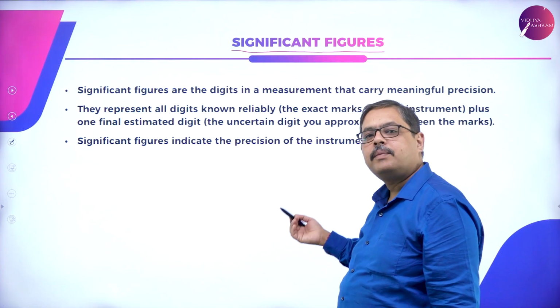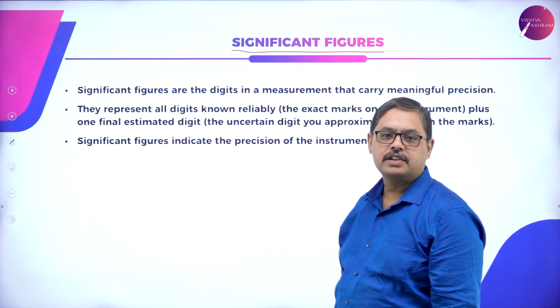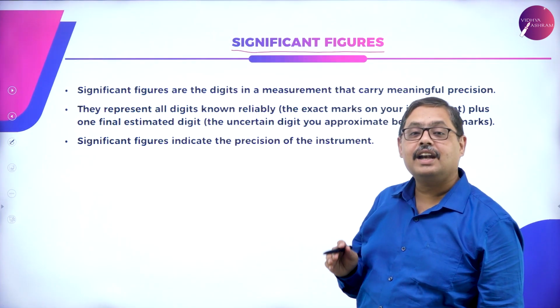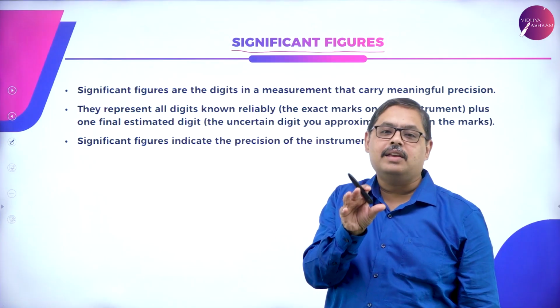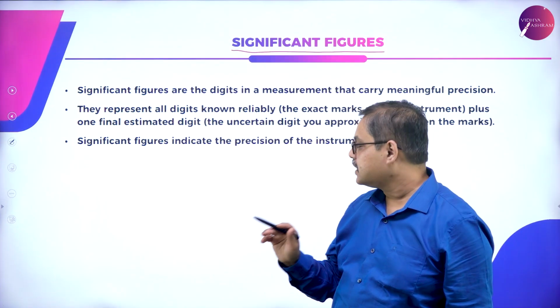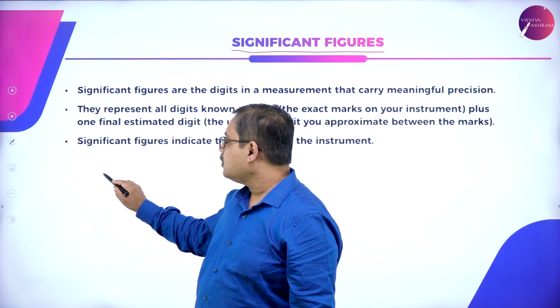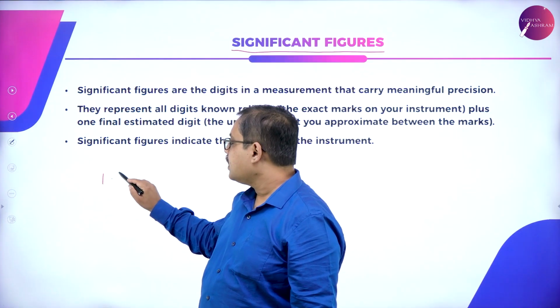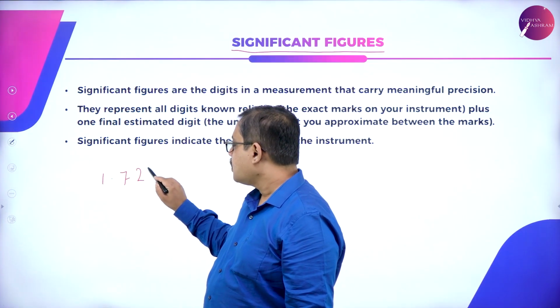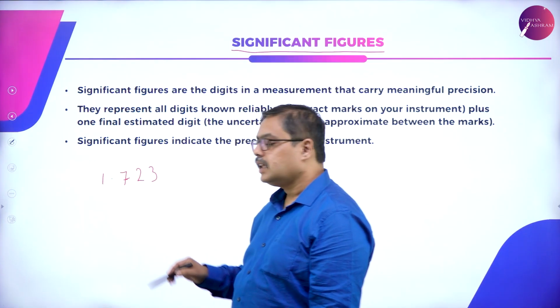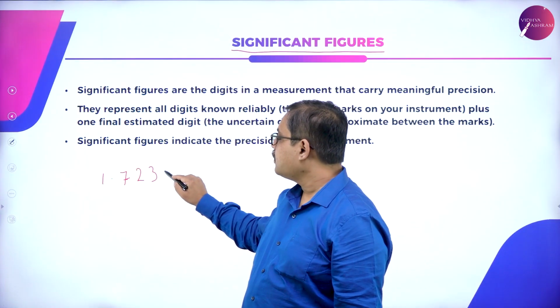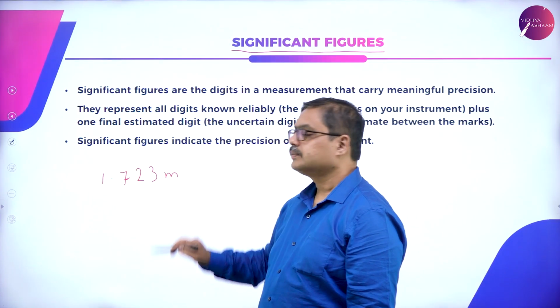We spoke about how a measurement is done, and so on. Now let us understand what numbers are important or significant when I write down the values of a measured part. Suppose I say that the length of the table is 1.723 meters.